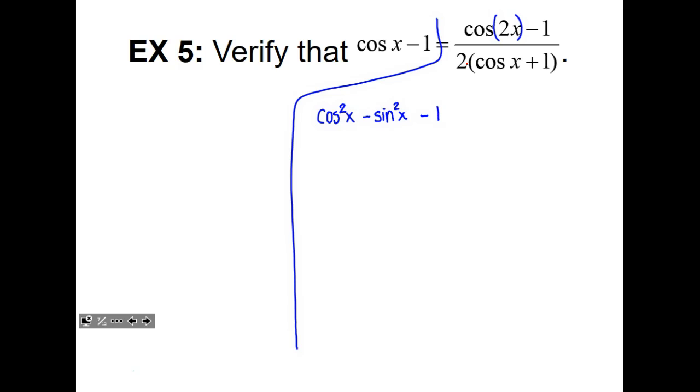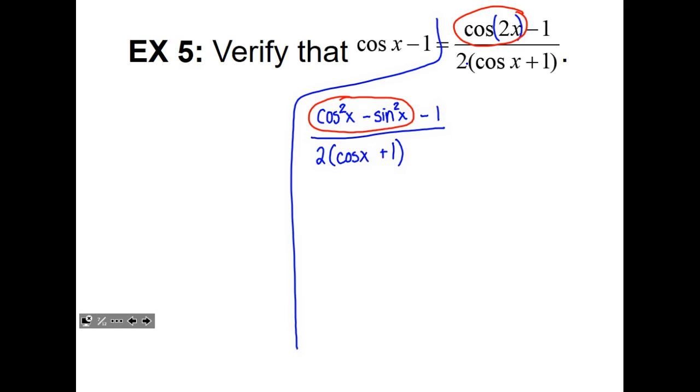So this cosine of 2x I'm replacing with cosine squared x minus sine squared x. It could be made shorter if you use those other ones, but I think there's a good chance there's a lot of you that won't have those memorized. So we're going to go this route. Makes it a little bit longer, but you can still get the same answer.